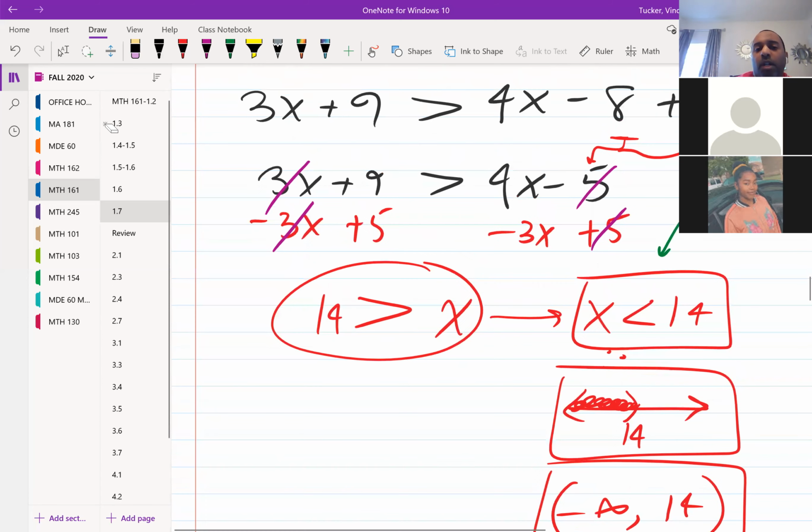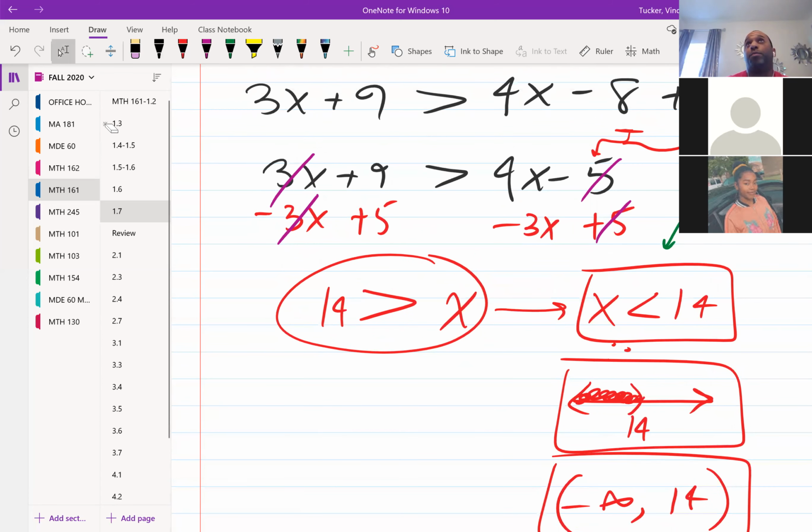But at this point, I'm assuming that you guys are cool with moving things across by using opposite operations. So I just did two at the same time. But if you want, you can always do them separately. It won't hurt anything at all. All right. Thank you.